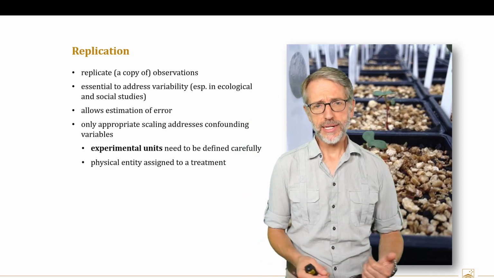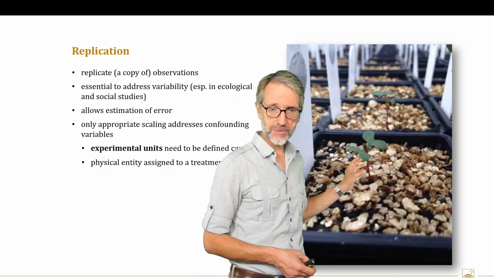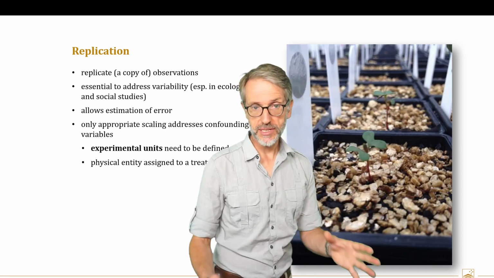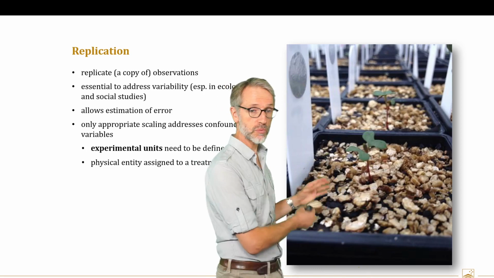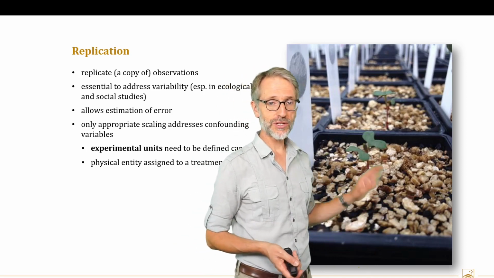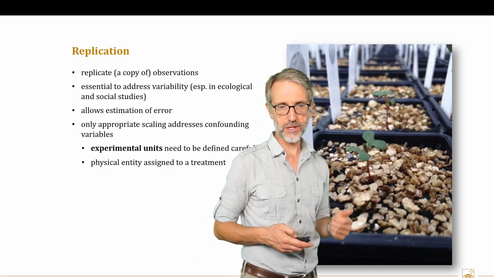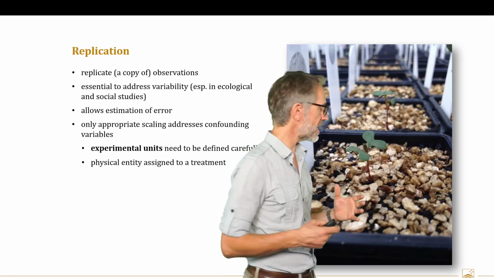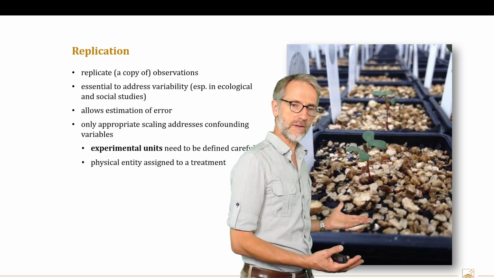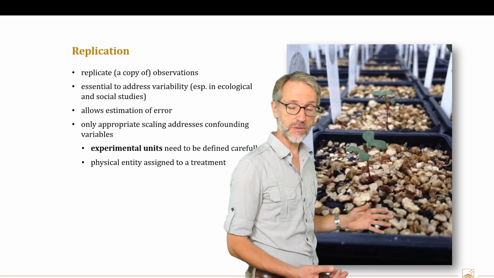So when we replicate in a study, we make multiple observations, like this little baby eucalypt here was joined by many others of the same species in different families, but we replicated within families as well so that we could produce metrics associated with this family, but we could also express error associated with that family in the greenhouse. Bearing in mind that even though we're in a greenhouse setting, variability exists between individuals because of genetics, but also because of the position they find themselves in the greenhouse.